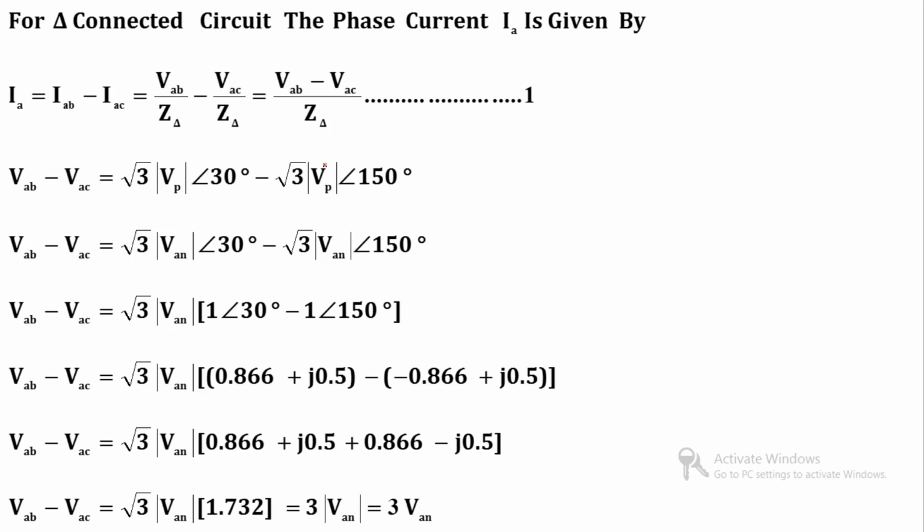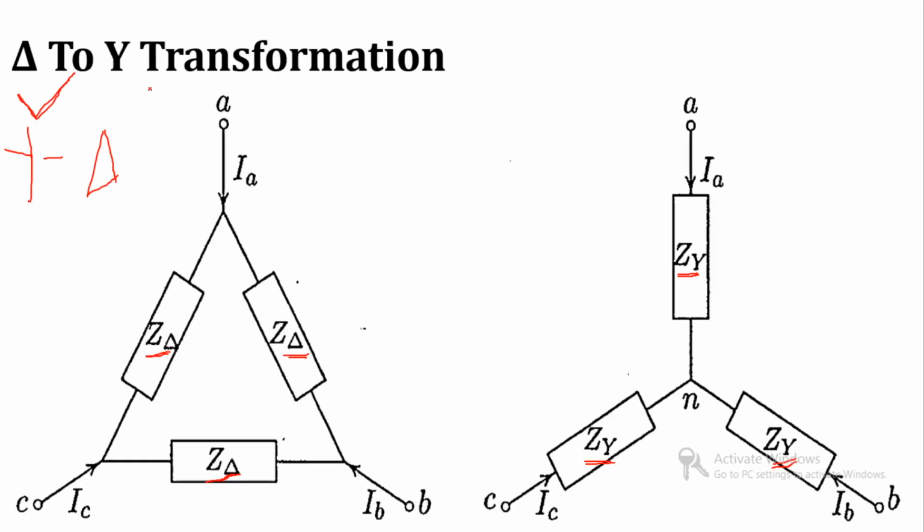So let's consider the delta connected circuit, and the phase current is given by IA is equal to IAB minus IAC. This equation we have learned in our previous lecture. So IAB is given by VAB upon Z delta.